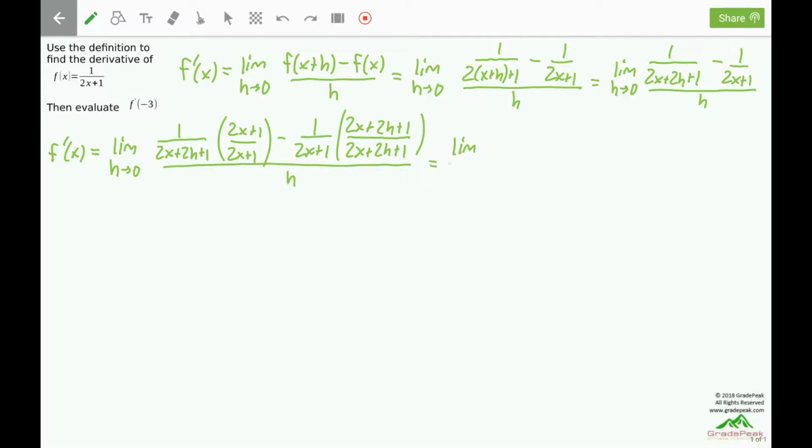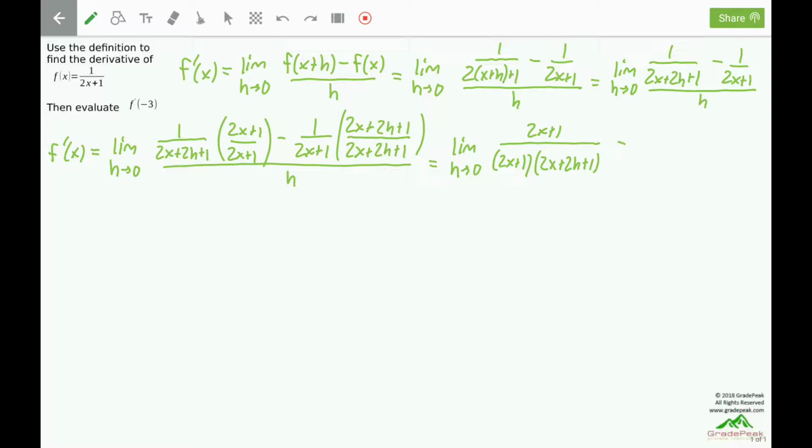So now we will have limit as h goes to 0 of multiplying the first two fractions, the numerators, multiplied to be a 2x plus 1. The denominators we always keep factored, so while they are multiplying each other, we're not actually going to FOIL them out. We're going to keep them in a factored form.